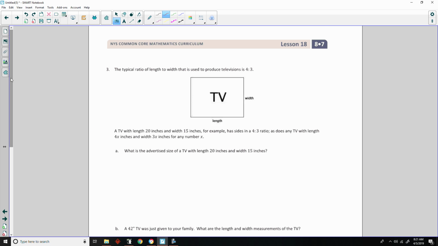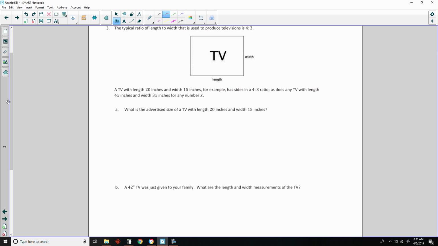Next problem, number 3. The typical ratio of length to width that is used to produce televisions is 4:3. So a TV with length of 20 inches and a width of 15 inches, for example, has sides in a 4:3 ratio, as does any TV with length 4x inches and width 3x inches for any number x.